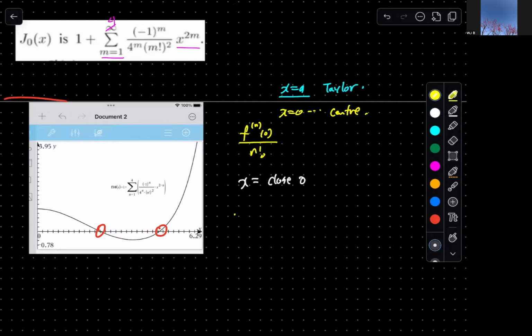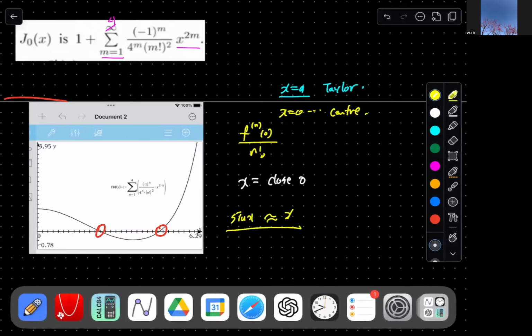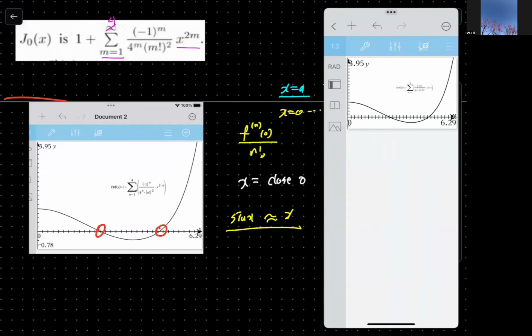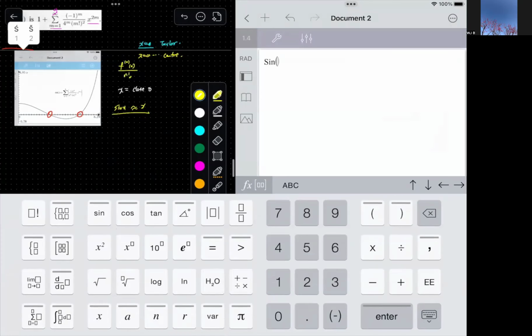Meaning, if you compare sine x with x, they will give you a very, very close value when x is very close to 0. If I quickly show you, sine of 0.001 is going to be the same as 0.001. But of course, if x is further from 0, let's say sine 1, it's not going to be the same as 1. So closer to 0, less expansion you have to do. But the further the x, the more expansion you have to do.